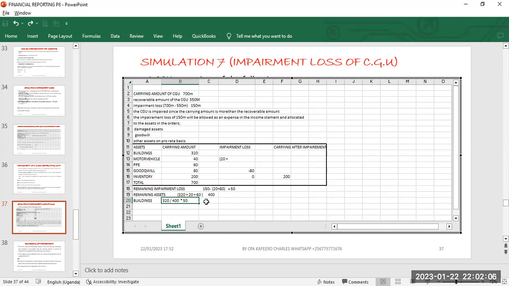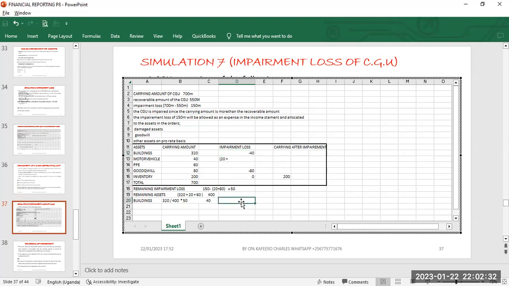And this will give us 40 million. And this 40 million is what we are going to be taking as our impairment loss in regard to buildings. It's going to be 40 million.